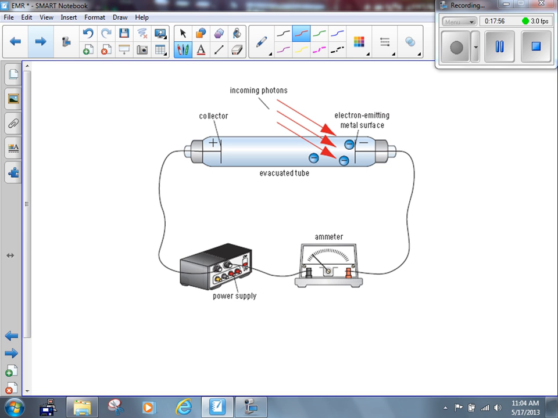Maybe you're designing a calculator and you want a threshold frequency that's low enough that allows the calculator to be used when you're sitting in school without shining X-rays or ultraviolet on it. Bottom line is you want to find the threshold frequency or some other properties of this particular metal surface that electrons are emitted from. So how do we do that?